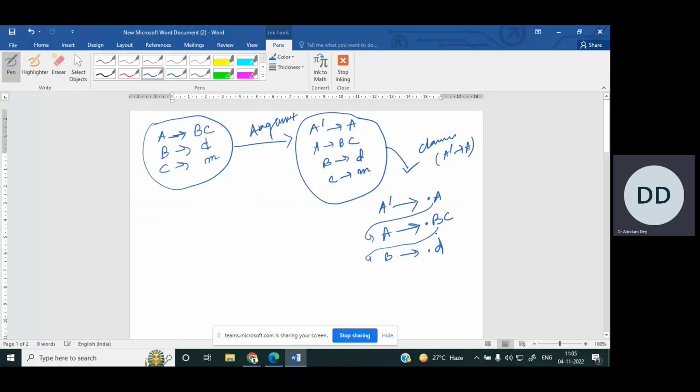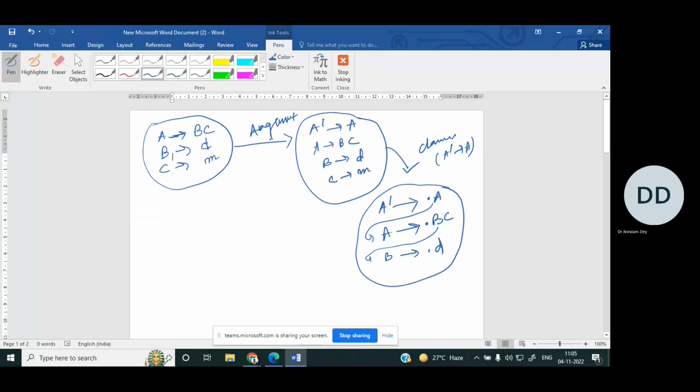But here you check that D cannot be expanded because it is a terminal, and even C cannot be expanded because here the dot operator is appearing before B. So only we can expand the B. So that means this closure set will contain only these three productions, not four.